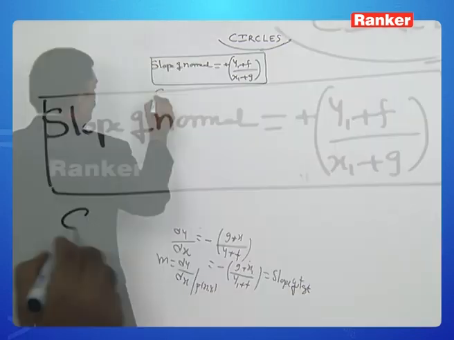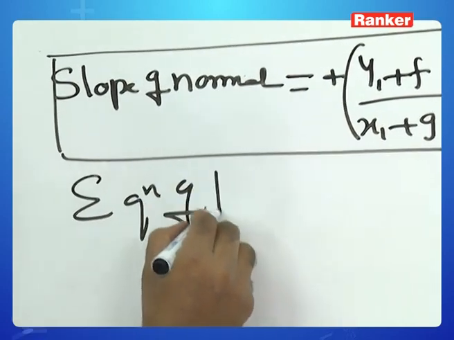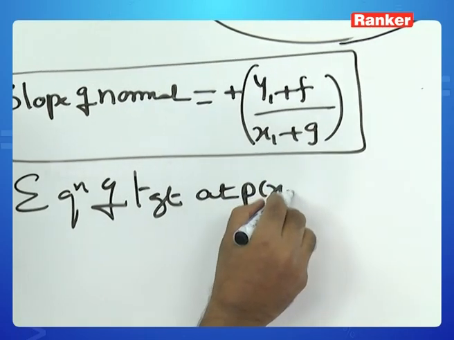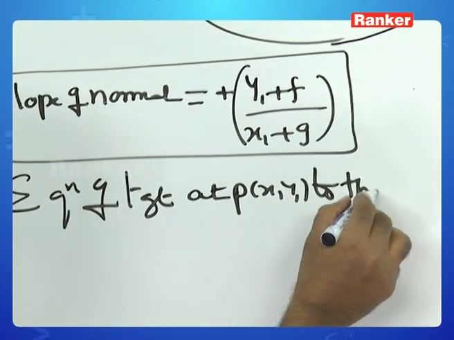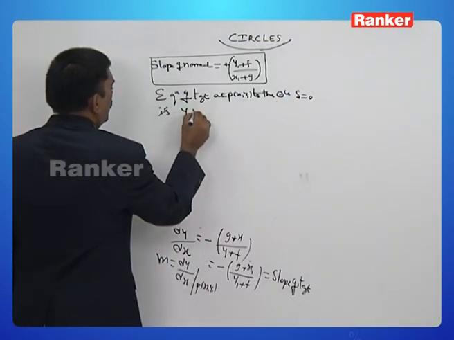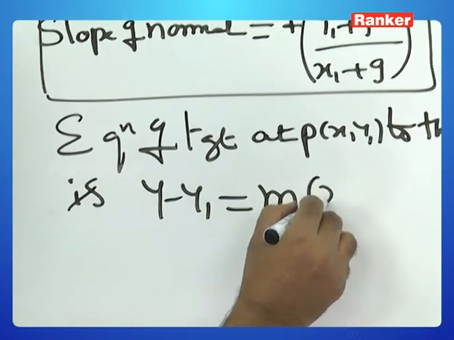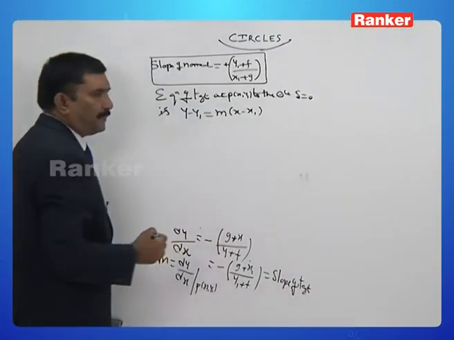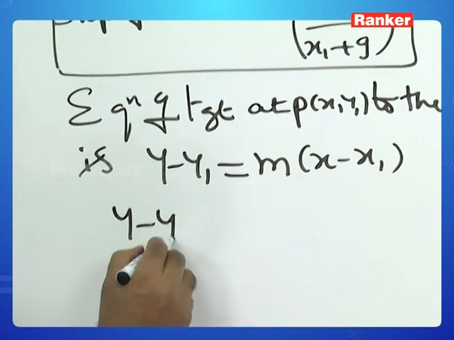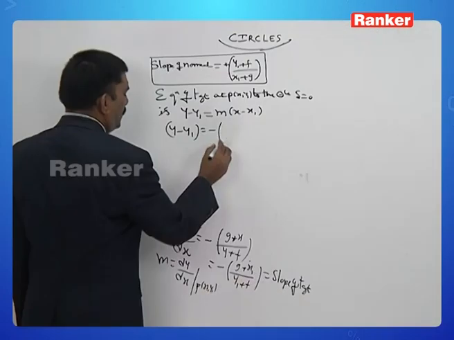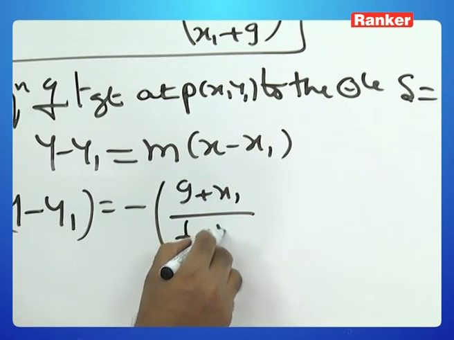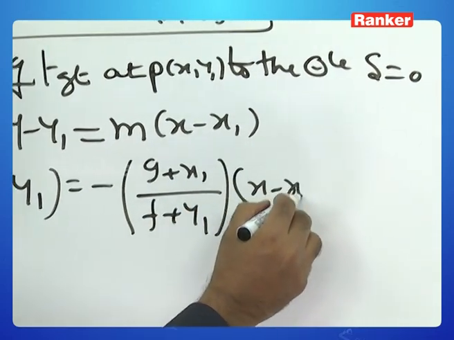So the equation of the tangent at P(x1, y1) to the circle S = 0 is y minus y1 is equal to m into (x minus x1). So y minus y1 is equal to minus of (g plus x1) by (f plus y1) into (x minus x1).